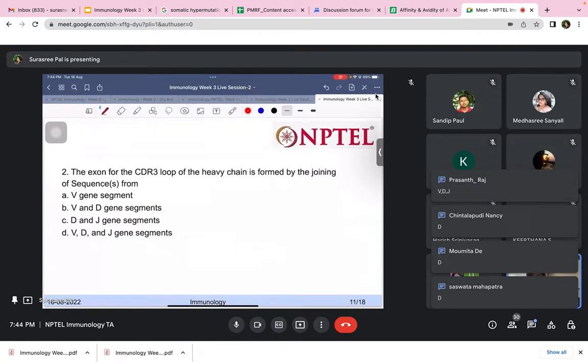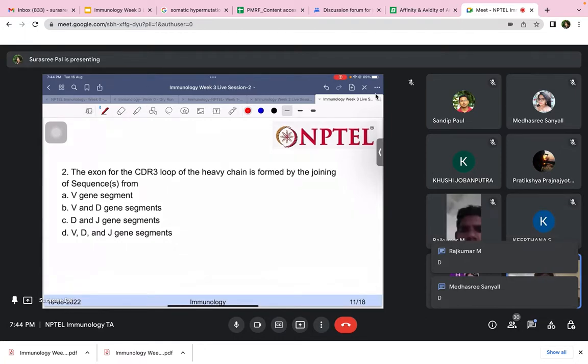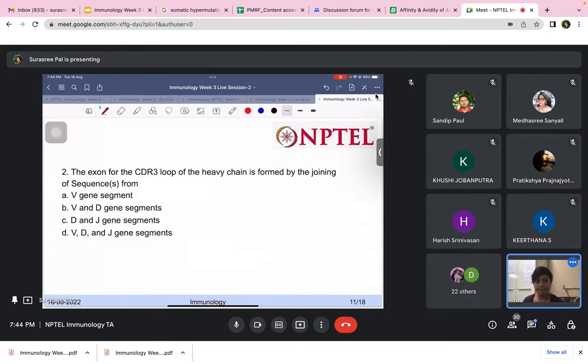Most of you are giving the correct answer. Yes, most of you have given this answer, that V, D and J gene segments. You are right.